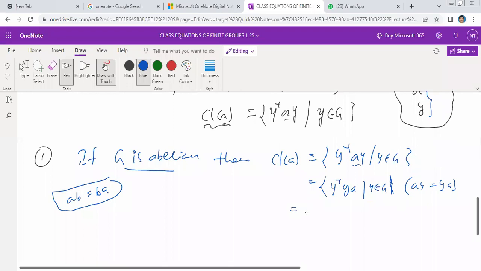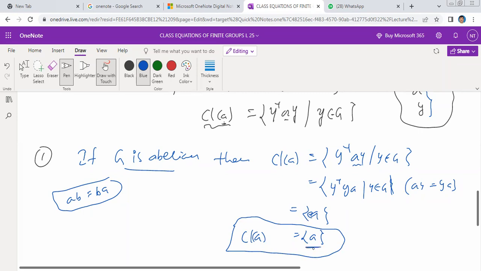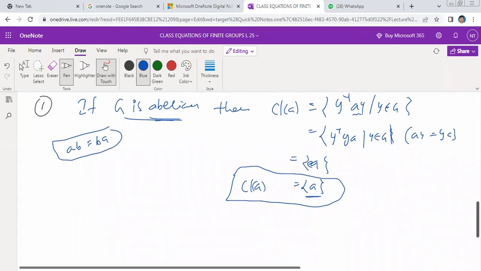Then this is the identity element E times A, which is nothing but the singleton set A. So when G is an abelian group, the conjugate class of an element A is the singleton set A. This is possible for abelian groups and also cyclic groups, because every cyclic group is abelian.